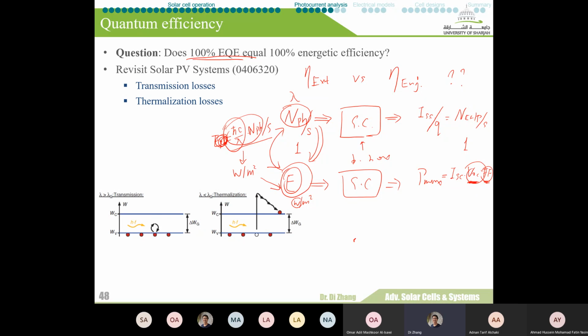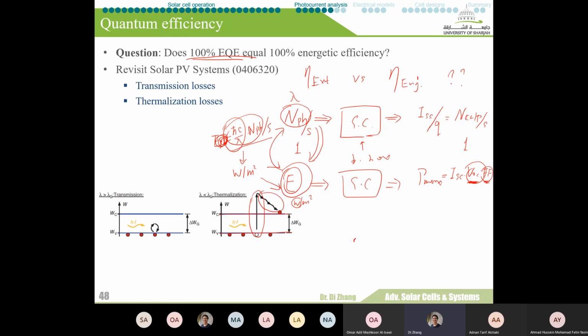With the potential involved, if you want to know the difference between the photon energy and the electrical power output, remember that we also have to think about the band gap structure of the solar cell or of the semiconductor. Specifically, we said that for some wavelengths, if the photon energy is too high compared to the band gap energy, you will be losing part of the photon energy.